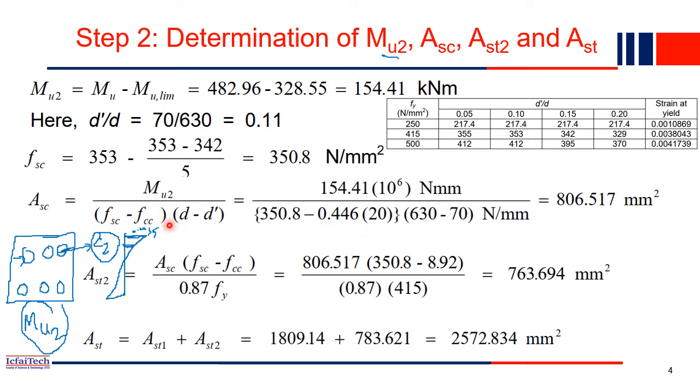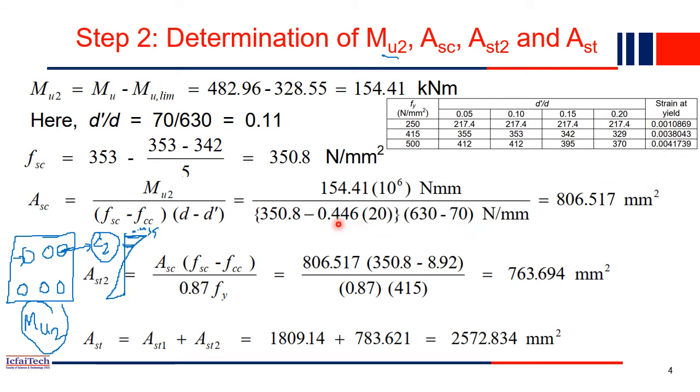FCC means the stress on the concrete, and because we are using M20, at this point what is the stress? 0.446 multiplied, and capital D, small d value is 630 as we know, and d dash value is 70. Then we get the value of ASC.